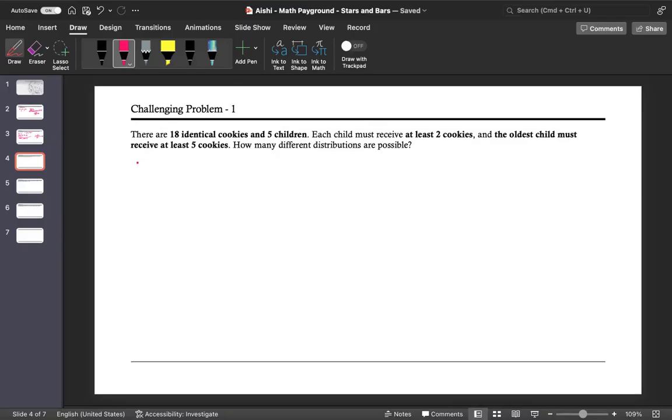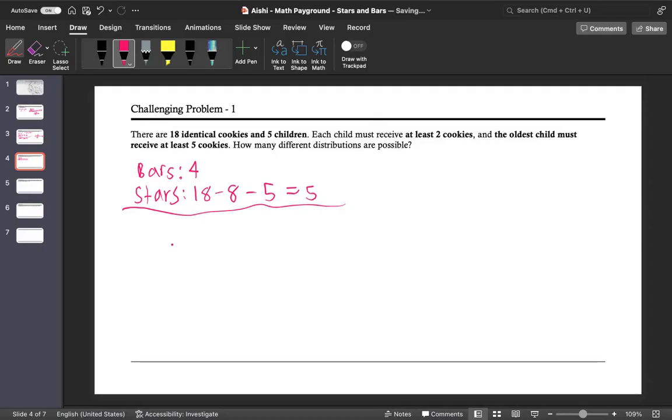So we have our bars, which in this case would be 4, and then our stars. So we have 18. Well, only 4 of the children will receive at least 2, so minus 8, minus the older child must receive at least 5 cookies, so minus 5. And that would be 5. So here are total objects.